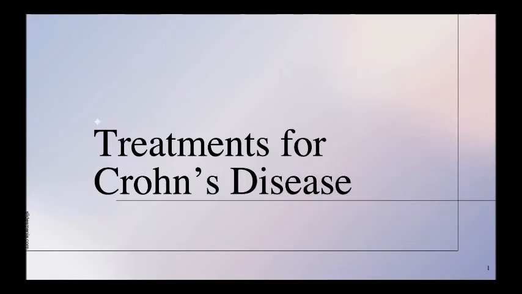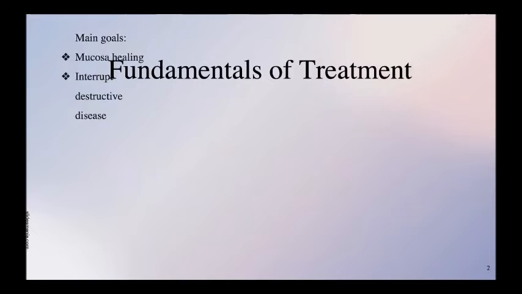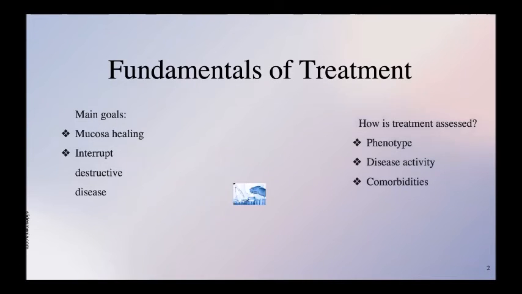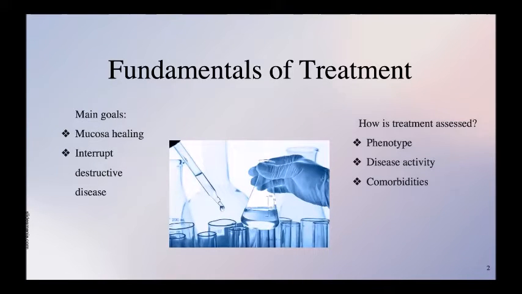Treatments for Crohn's disease. Treatment of Crohn's disease aims to achieve sustained clinical and endoscopic remission, mucosal healing in this case, in addition to interrupting the naturally progressive destructive disease course that culminates in intestinal failure and associated complications. But how is this treatment assessed?